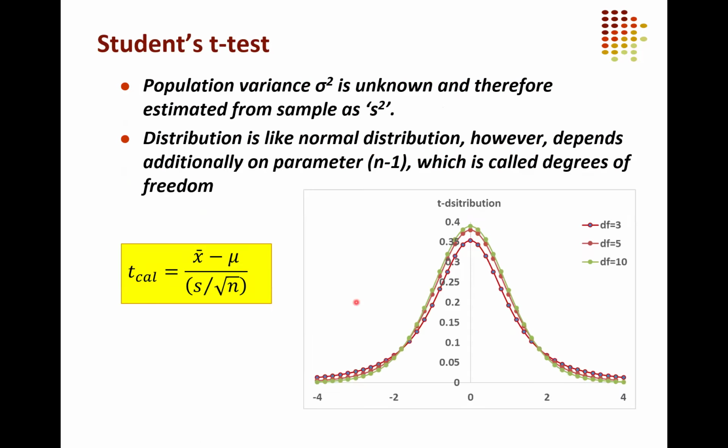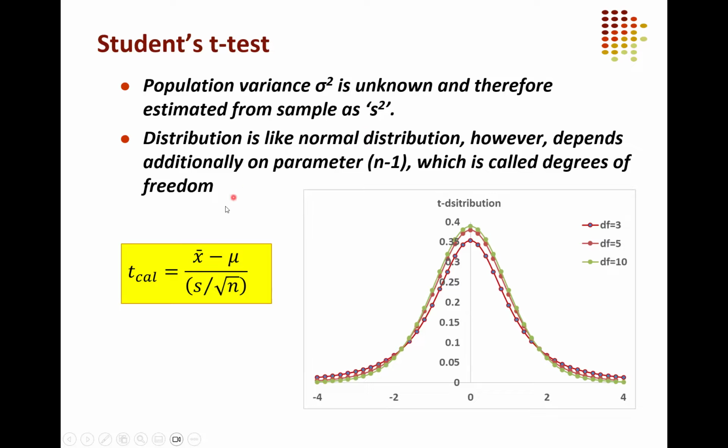So the distribution he came up with is a distribution in which the population variance is unknown and therefore it is estimated from sample as S squared. So we will talk about the inferences of means where the population variance is unknown.